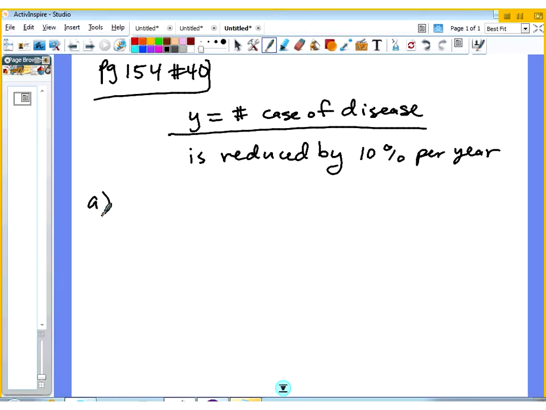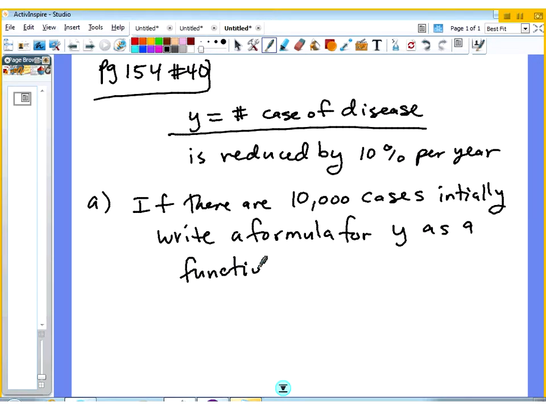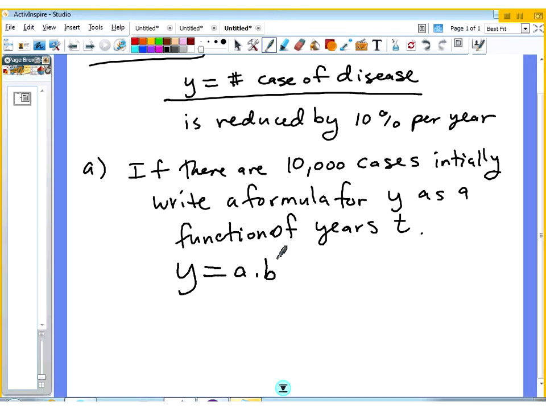Part A says if there are 10,000 cases initially, write a formula for Y as a function of the years t. So in our case, Y is A times B to the t.